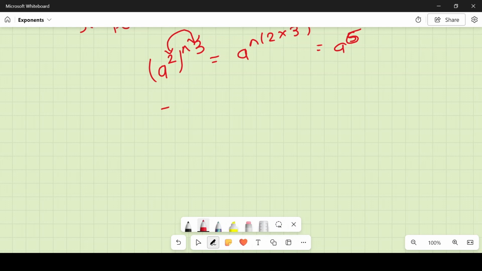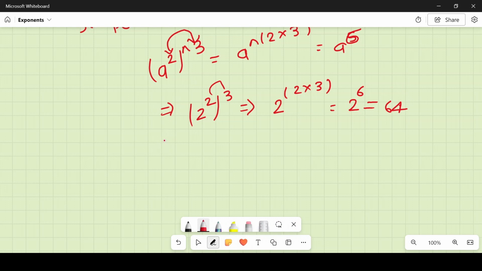Okay, now let's see an example of the power rule. Suppose I have base 2 with power 2, and I am raising this whole power to 3. Then according to the power rule, I can multiply these exponents. So it would be 2 multiplied by 3, 2 raised to 6, that is 64.